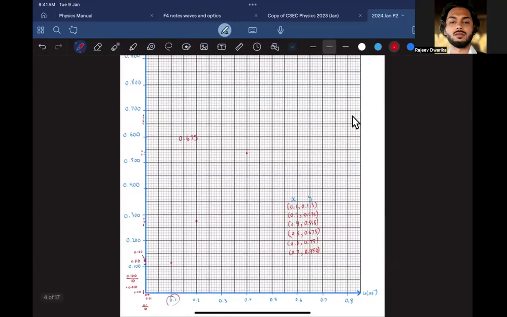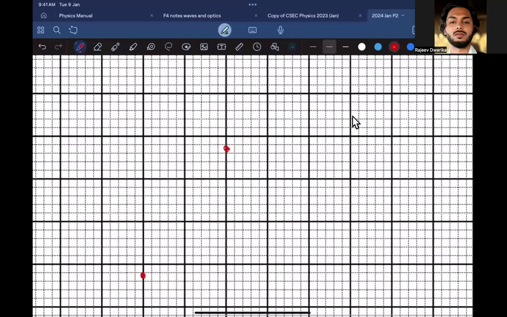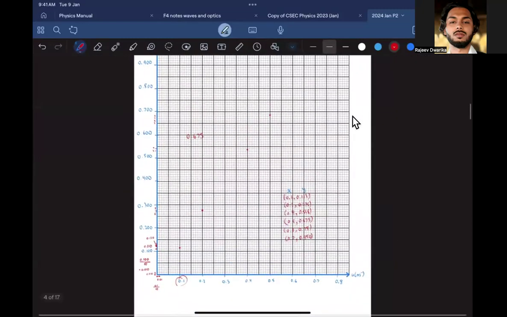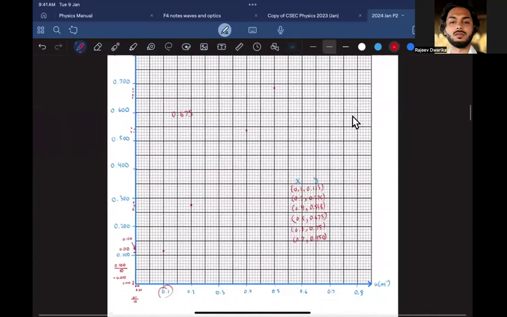Right, so that is 0.5, 0.675. We're right here. The other point, the last point. No, we still have 2 more points.